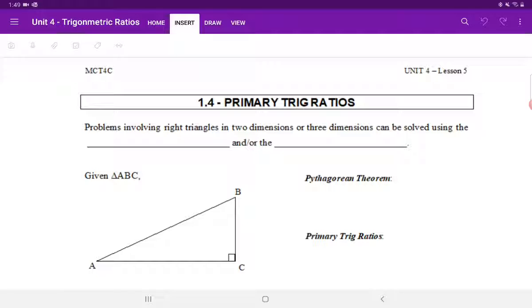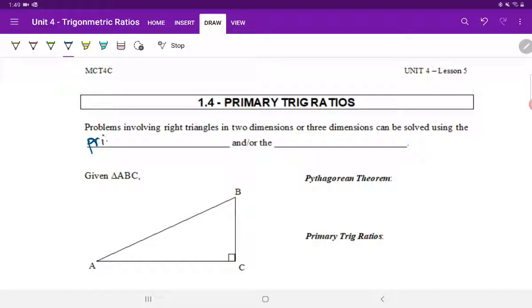The next 3 lessons in particular are a review, but also very important to know and have knowledge of, and that's why we do it again in this course. So, problems involving right triangles in 2 dimensions or 3 dimensions can be solved using your primary trig ratios as well as the Pythagorean theorem.